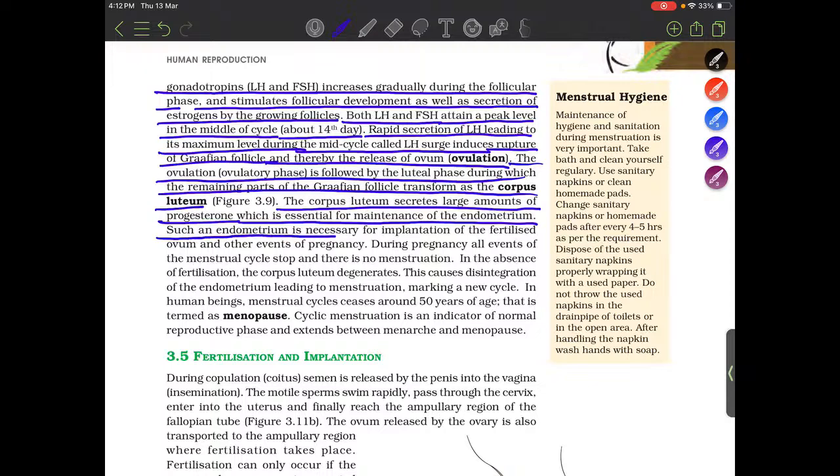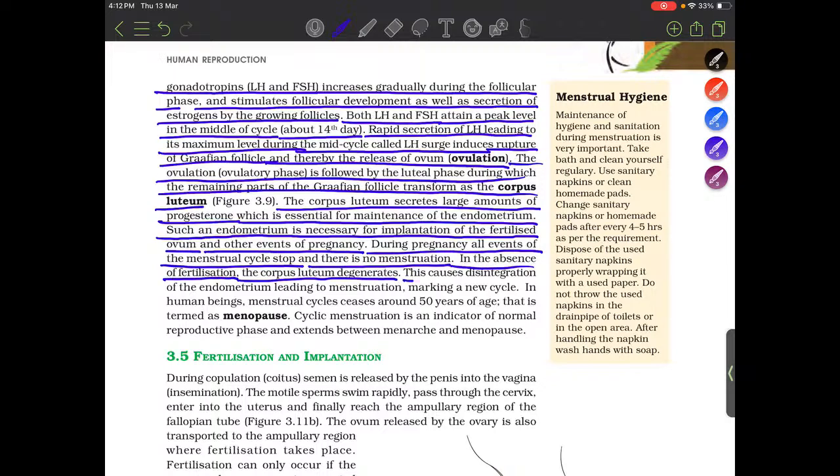Such an endometrium is necessary for implantation of the fertilized ovum and other events of pregnancy. During pregnancy, all events of the menstrual cycle stop. There is no menstruation. In the absence of fertilization, the corpus luteum degenerates. This causes disintegration of the endometrium, leading to menstruation, marking a new cycle.